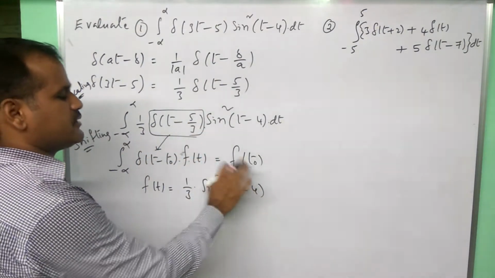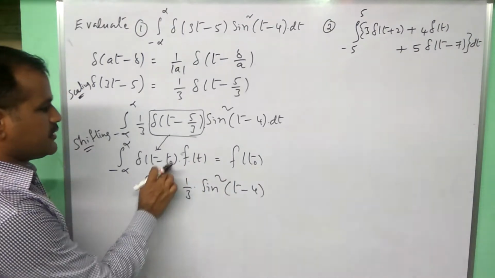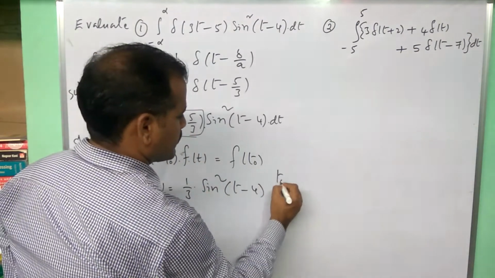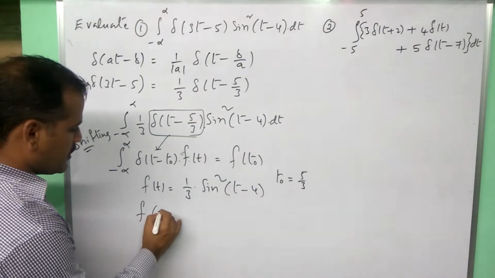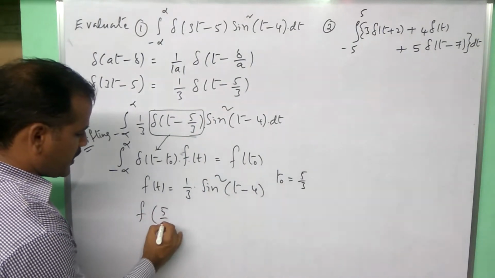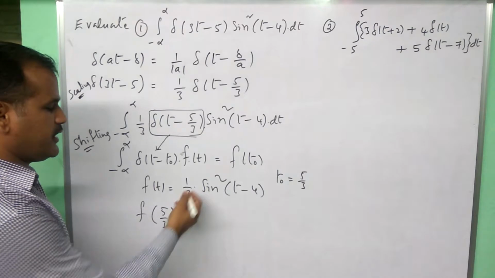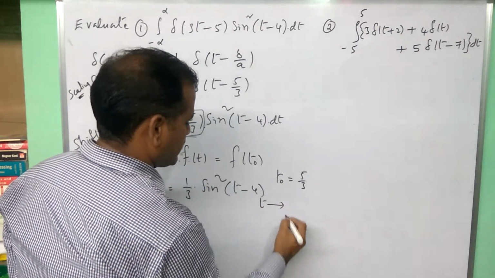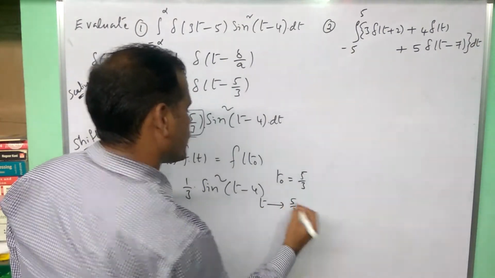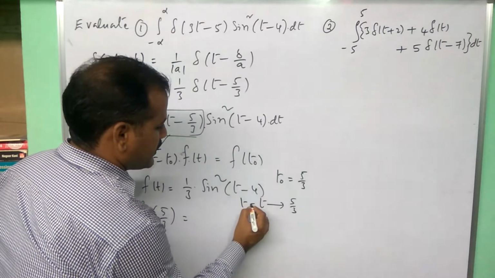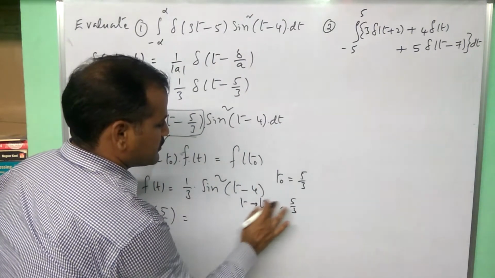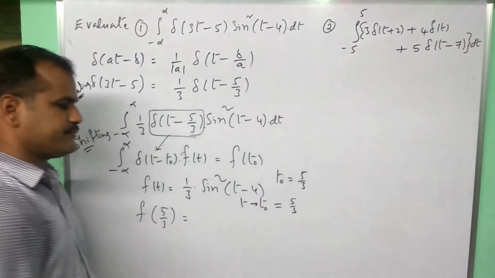Now f of t naught is the answer. What is t naught? t naught is 5 by 3. So in this expression t is replaced with 5 by 3. That means simply t we are equating to t naught, which is nothing but 5 by 3.